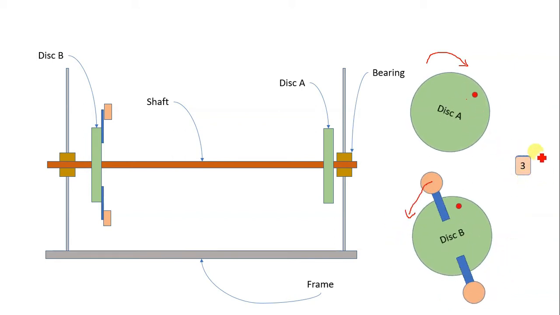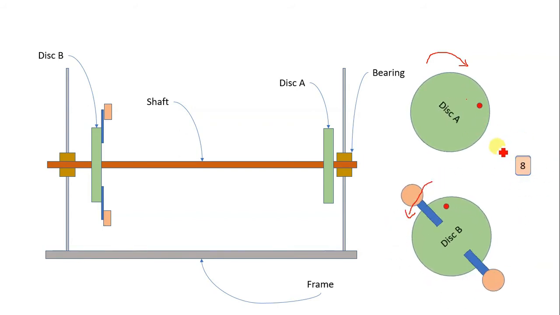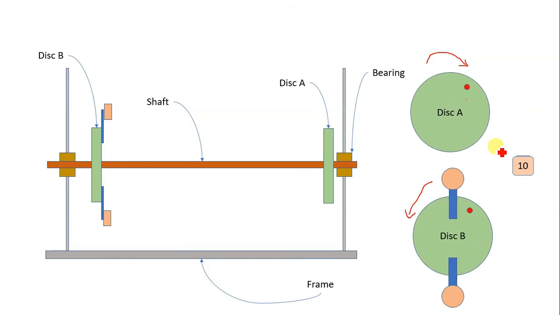Closely observe when I am counting the vibration. When this red point goes down and again comes back to its original position, that is called one oscillation. Likewise we have to count 10 oscillations.